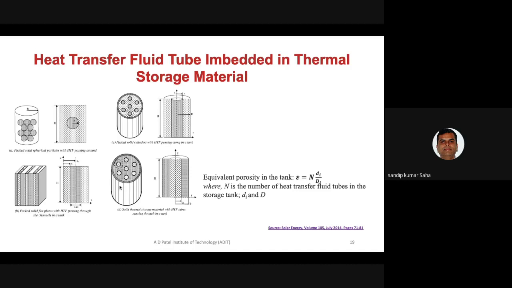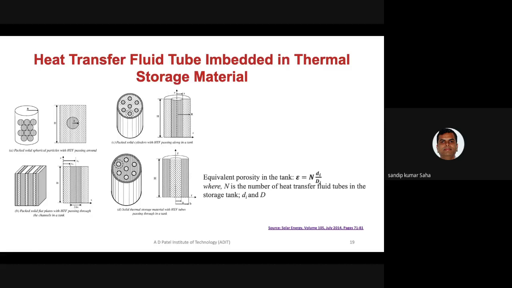Now, if I go to the next thing, I show you packed solid cylinders, meaning the filler materials or the sensible heat materials are packed inside this small tube, and the water or whatever the fluid is flows outside through this annular portion.